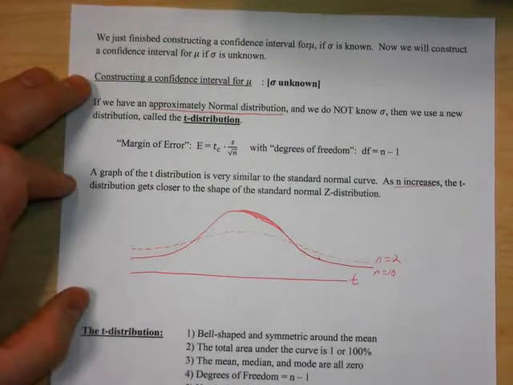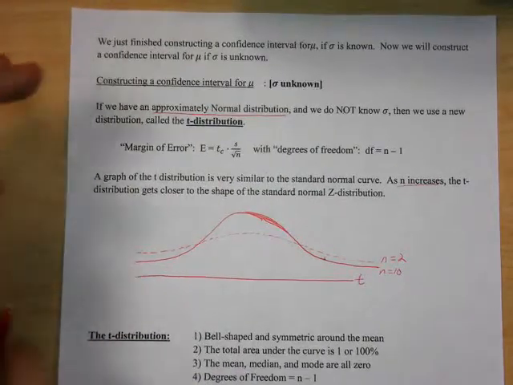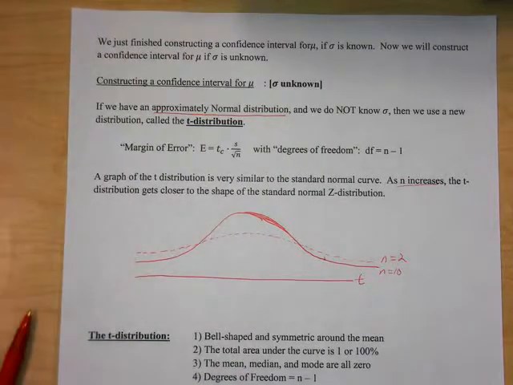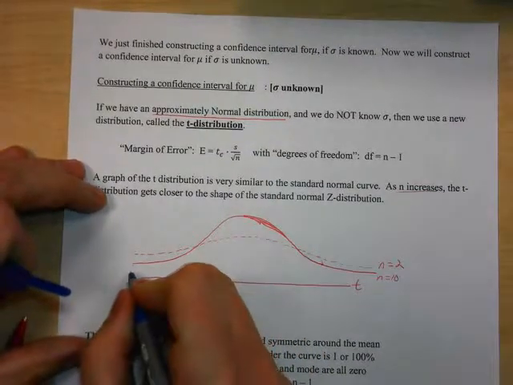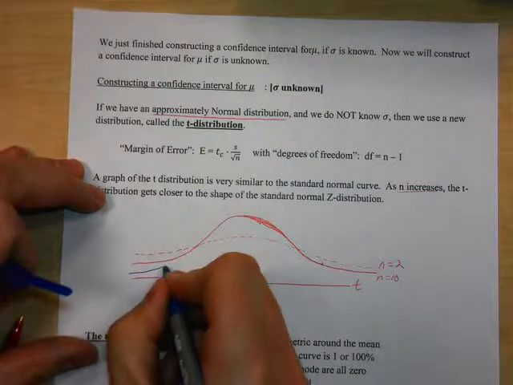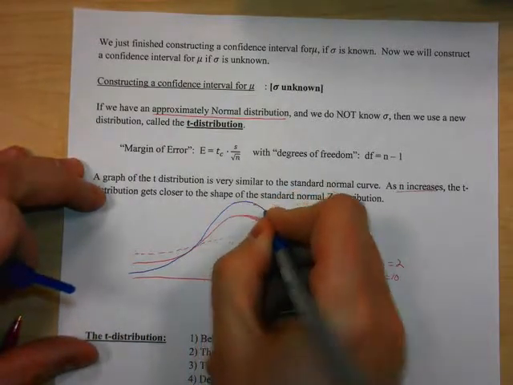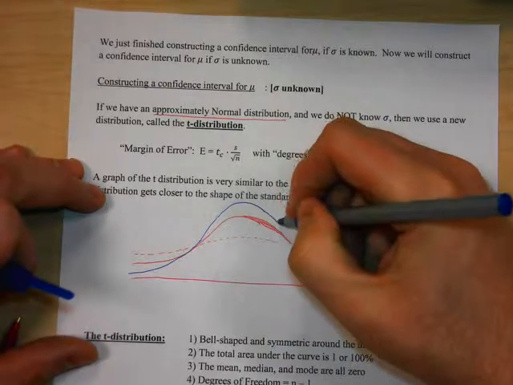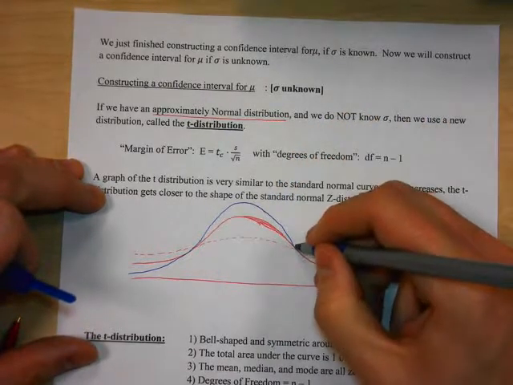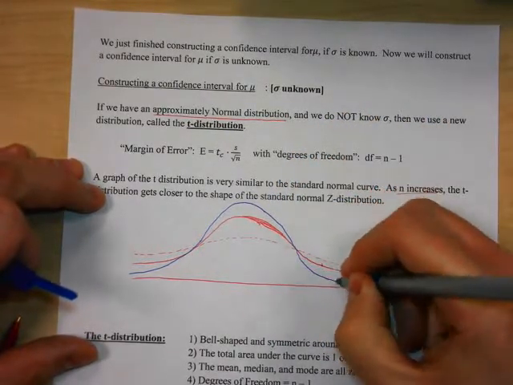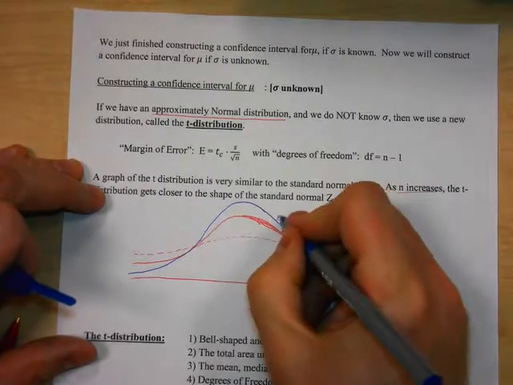Well, as n gets larger and larger, what happens is we get a more and more normal looking distribution. So when n is large, it may look something more like this.